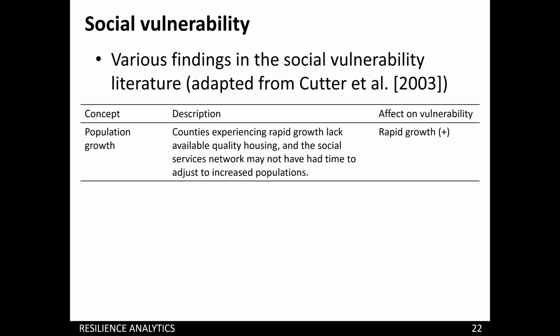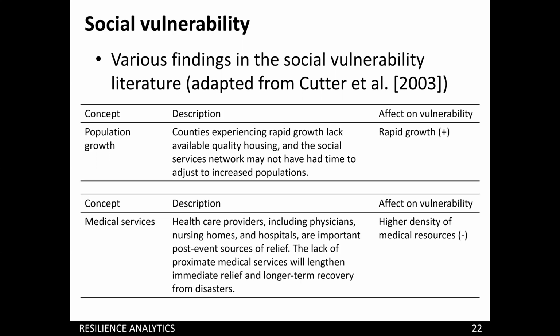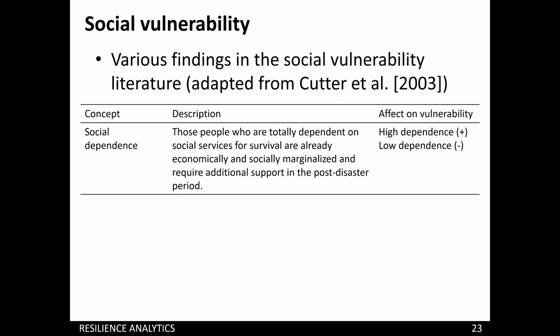Arterial roadways may not have kept up with that growth. Access to medical services decreases social vulnerability. Those who are more dependent on social services would be more socially vulnerable.